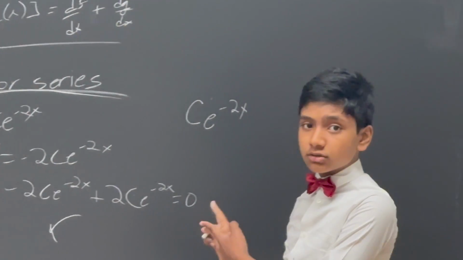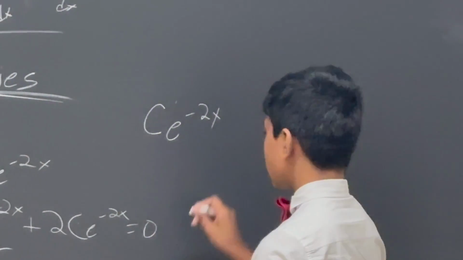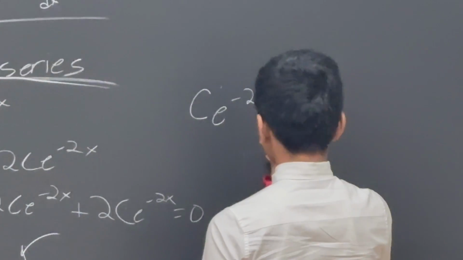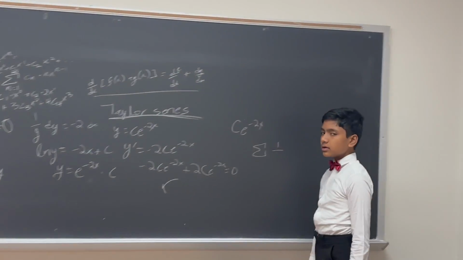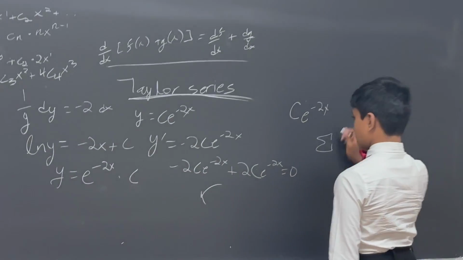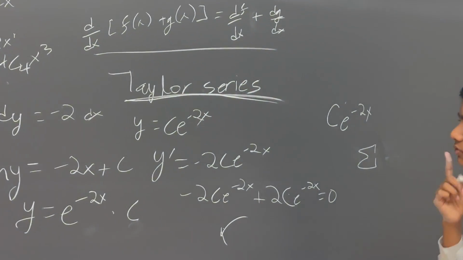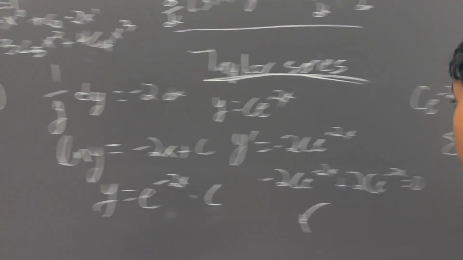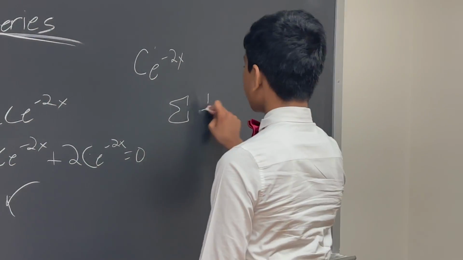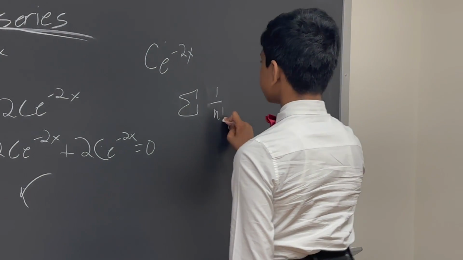What's the Taylor series of e to the x? Like we mentioned before, it's the sum of 1 divided by n factorial.